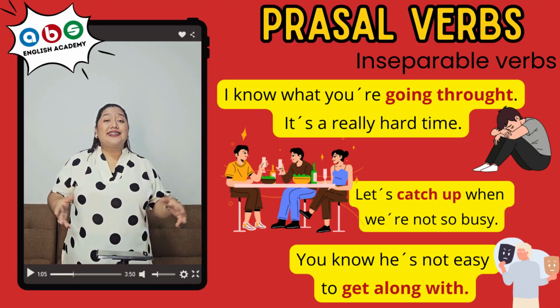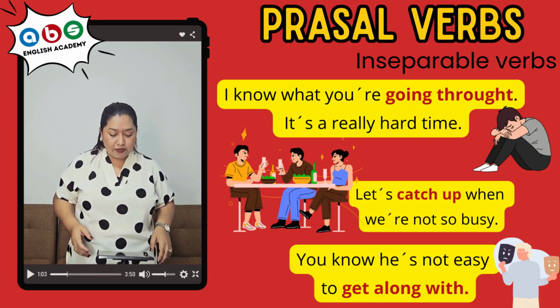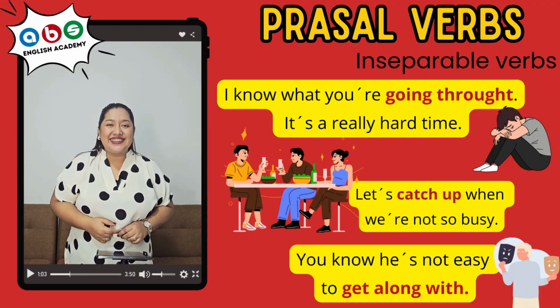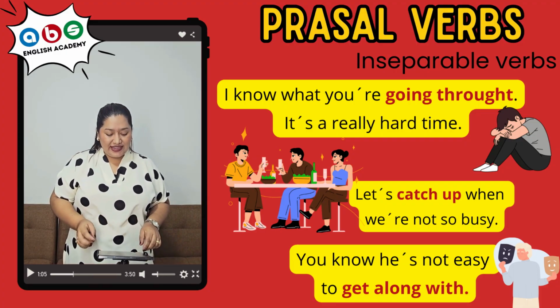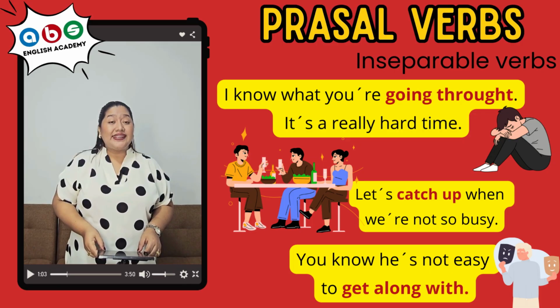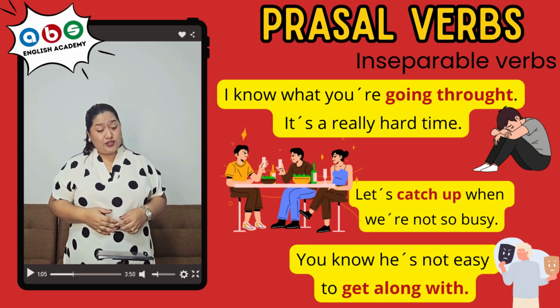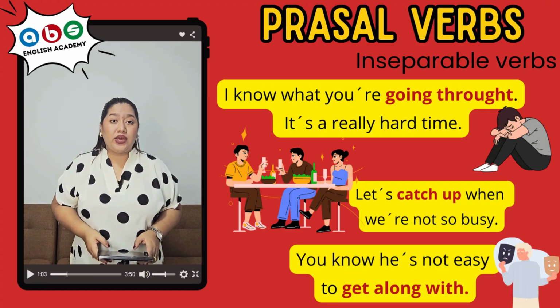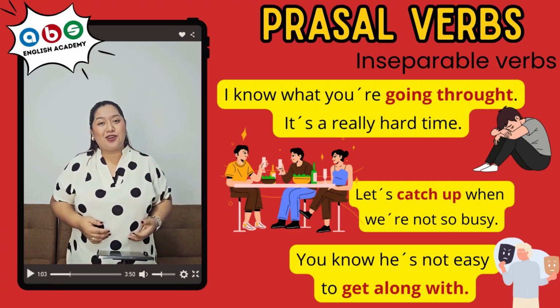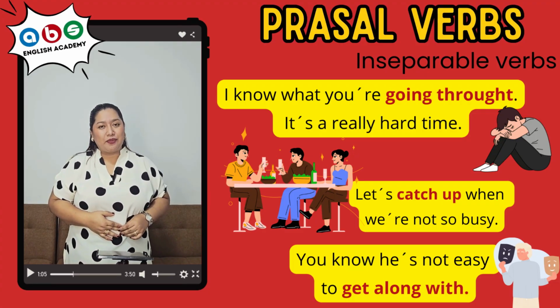And another one is catch up. Let's catch up when we're not so busy. Catch up. Perfect. And the final one, he's not so easy to get along with. Get along with. Again, three words is definitely an inseparable phrasal verb.